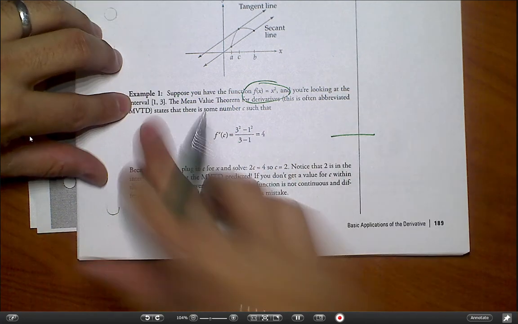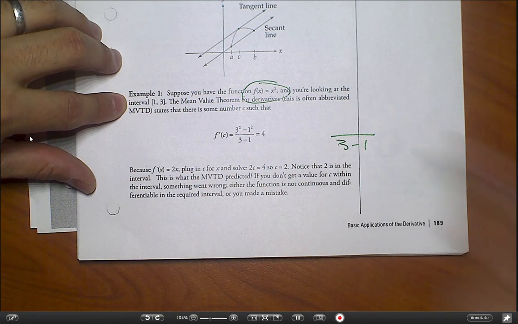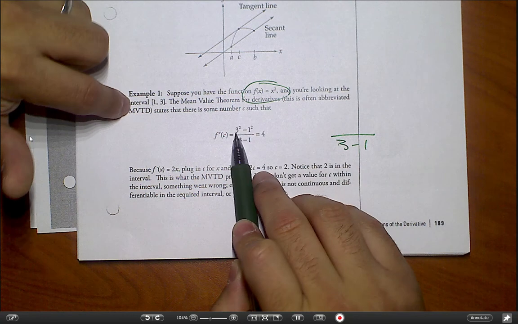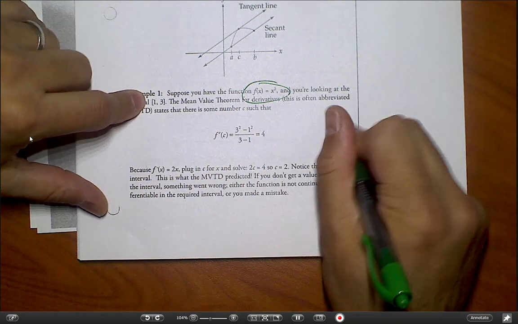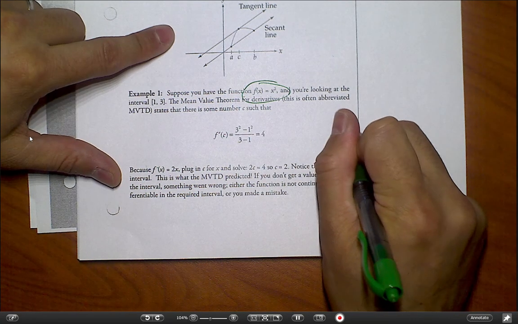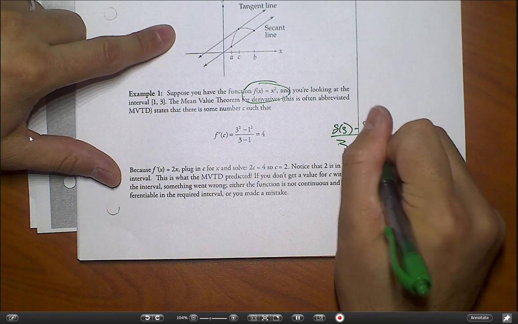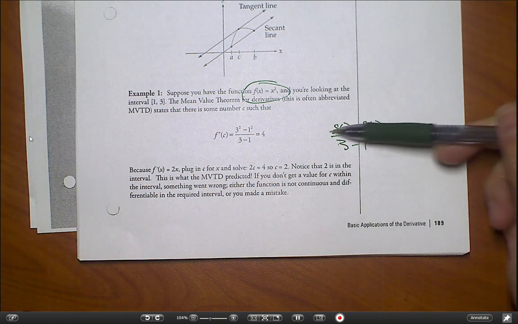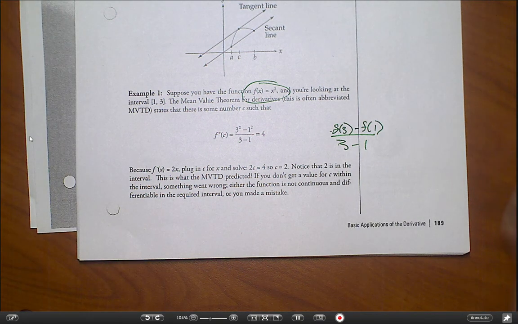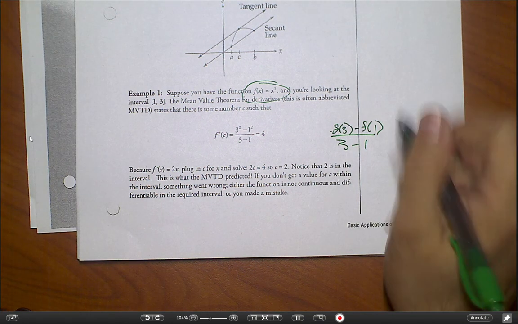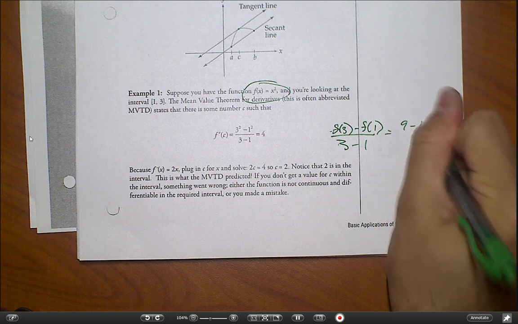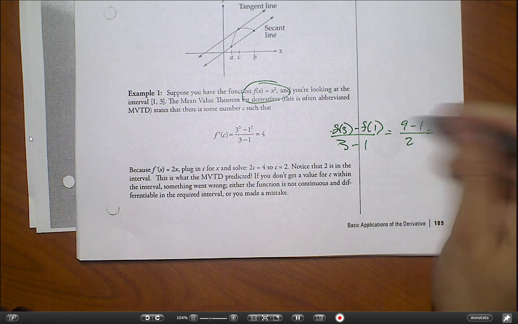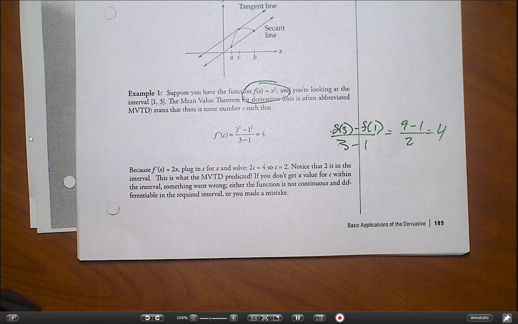My endpoints are 3 minus 1 on the bottom, and my function values on the top: f of 3 minus f of 1. That gives me 9 minus 1 over 3 minus 1, which is 8 over 2, which is 4.